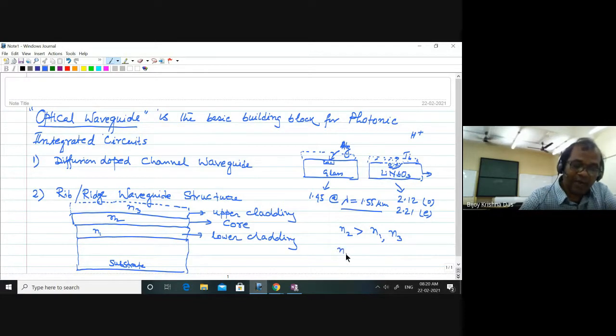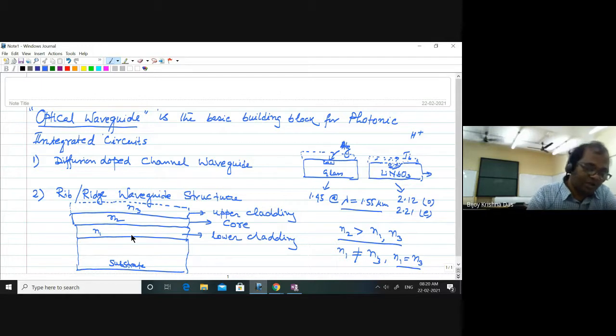N1 can be equal to N3 or not equal to N3. Both are possible. If you maintain this condition, then this system you can call a planar symmetric waveguide.